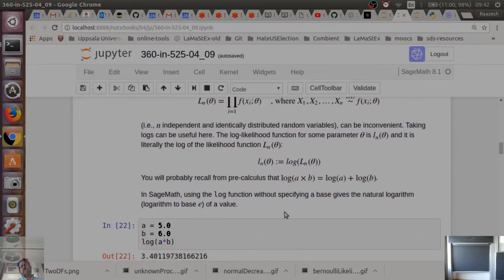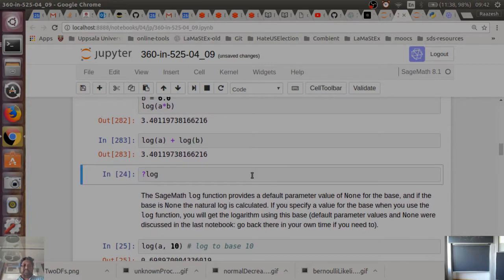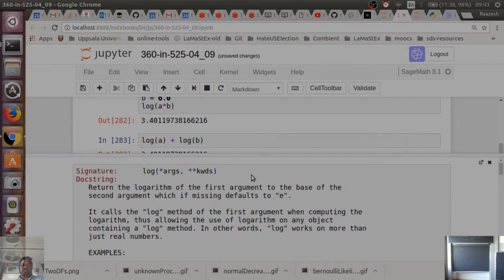And then because log has a monotone property, I think we'll come back to that in a minute. So it preserves the maximum, the argmax. So this is basically how you would play with log. And usually log is base e. It defaults to base e.